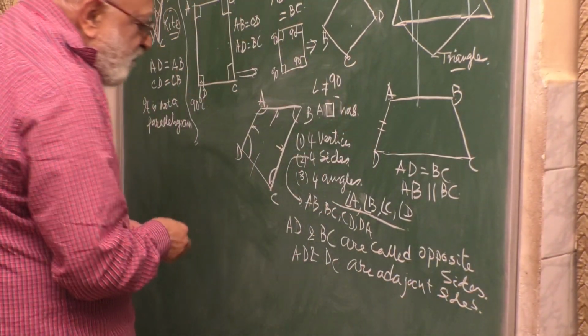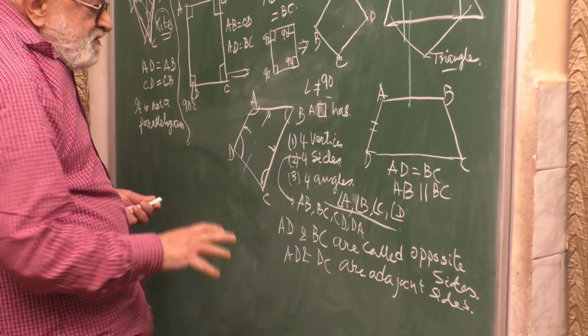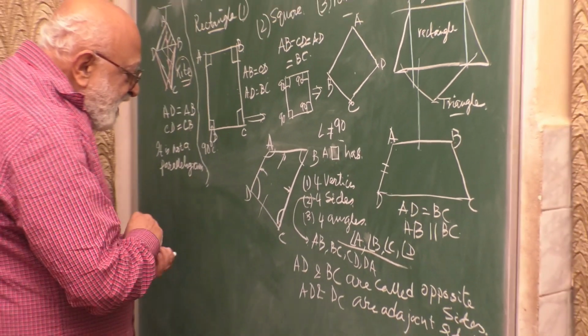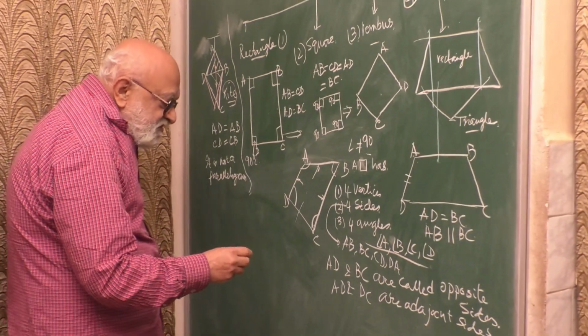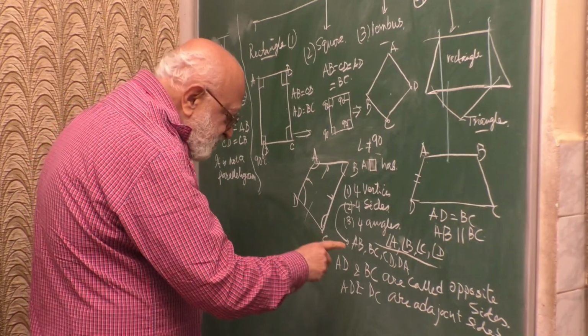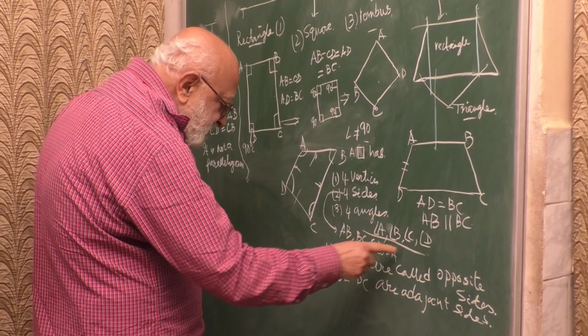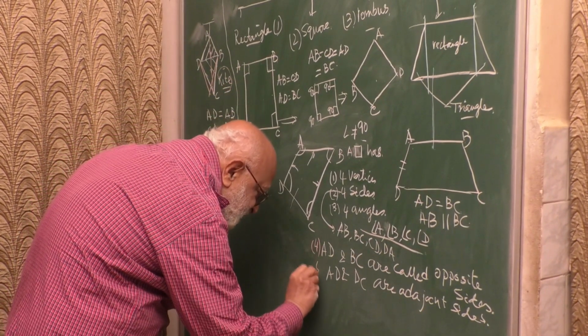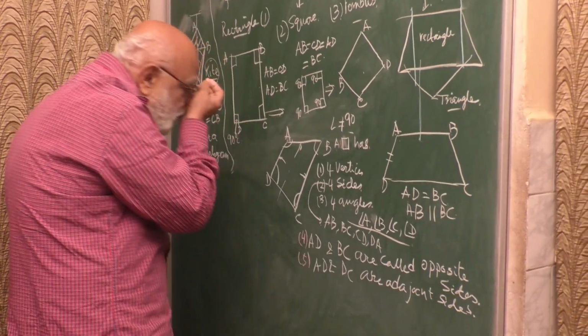We will be frequently using this. And second, this is 3, this is 4 angles, this is 4, and this is 5. These are the nomenclature.